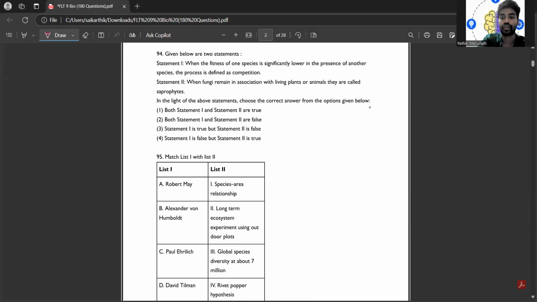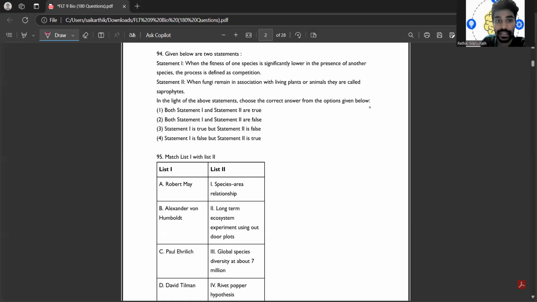The 94th question. Given below are two statements. Statement 1 says that when the fitness of one species is significantly lower in the presence of another species, the process is called competition. That is correct. Statement 2 says that when fungi remain in association with living plants or animals, they are called saprophytes. Is it correct?